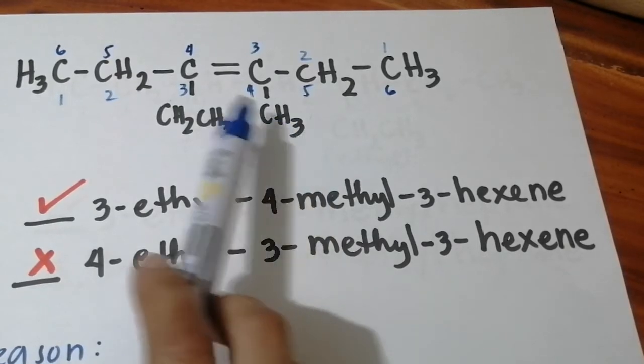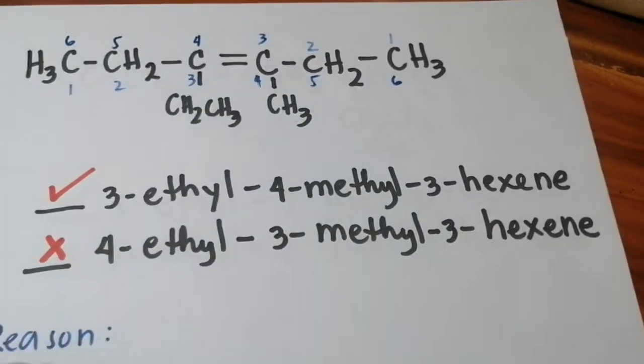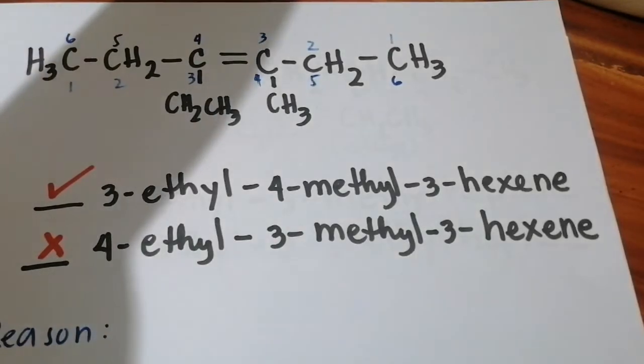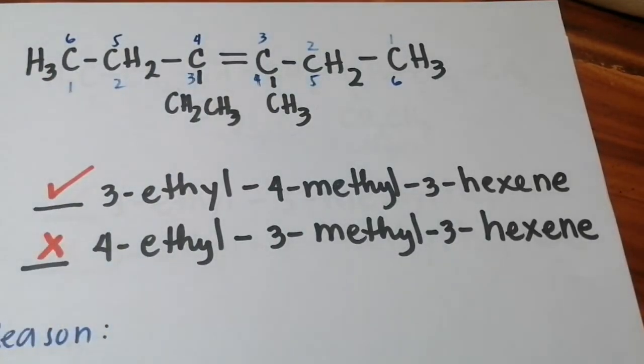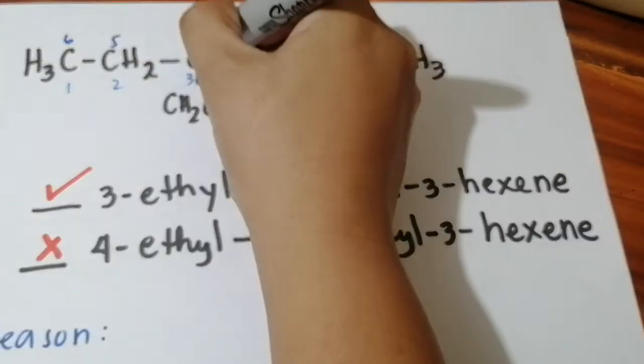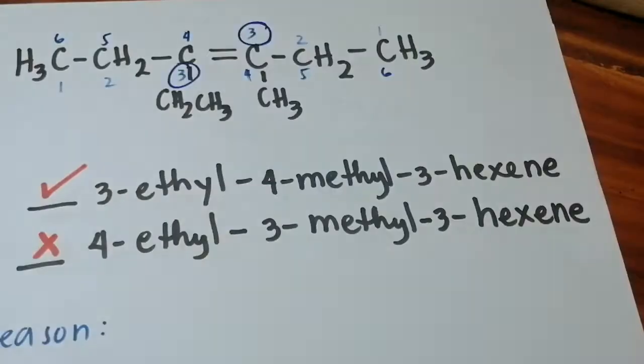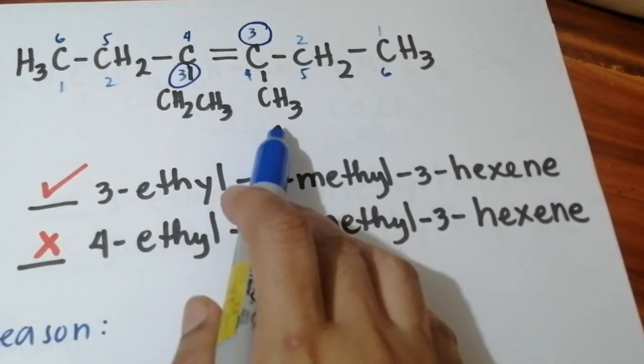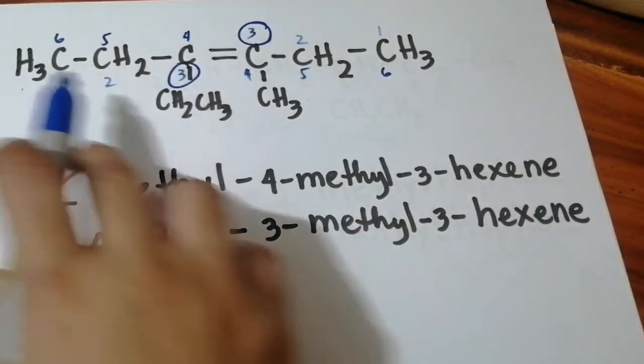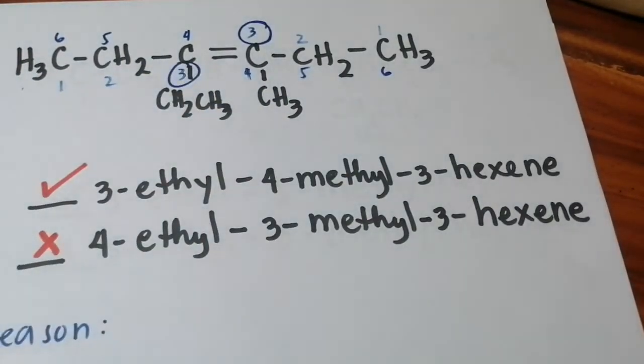They are on the same side again. Both of the substituents are located on the third carbon. If we start from here, the substituent is on the third. Starting from here, the substituent is on the third carbon.